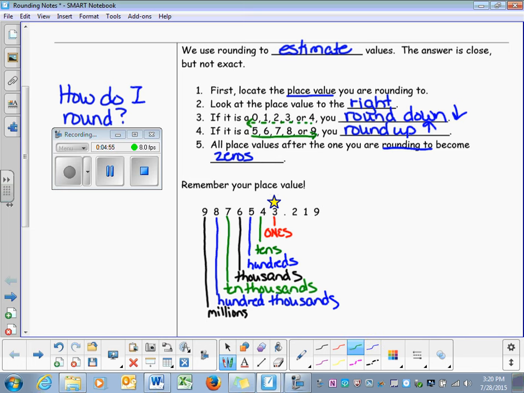Let's look now to the right of our decimal point. Remember that we've got the rainbow or symmetry or mirror effect going on. The 2 is in the tenths place. This one is in the hundredths place.